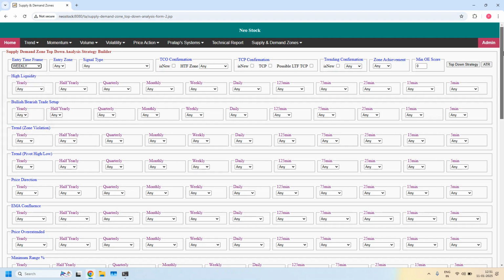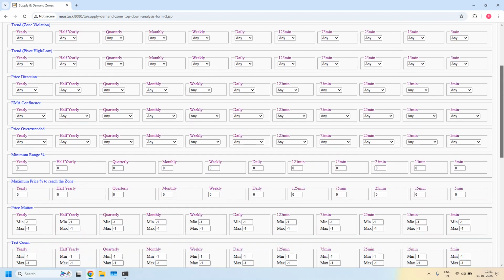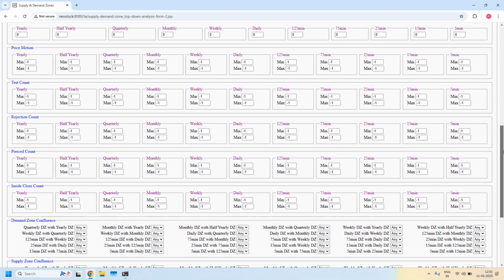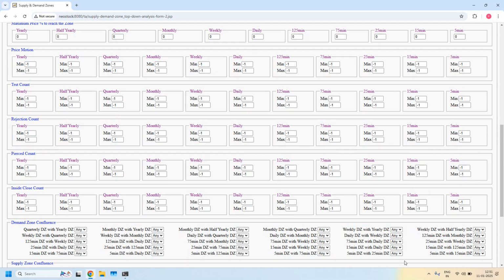So let us look for LTF, ITF, HTF zone confluence supported stocks in the demand zone. First, let us look for demand zone. So we have weekly demand zone with monthly demand zone confluence. I am enabling the filter. Next, weekly demand zone with quarterly demand zone confluence filter also I am enabling.